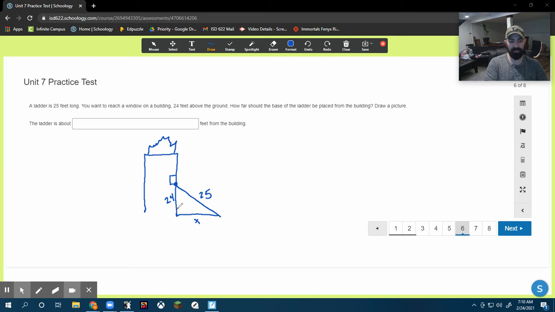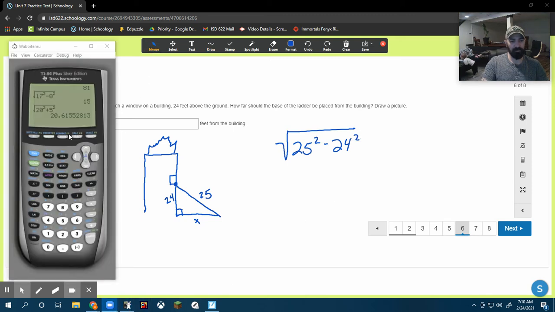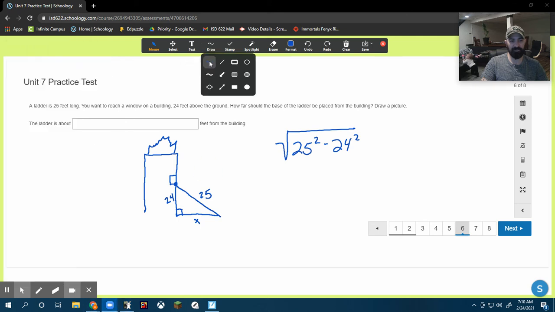So it looks like we're missing a leg. That means we're doing the square root of c squared minus a squared. Go in our calculator: the square root of c squared minus a squared, and that equals 7. And there's your answer. That's all it is.